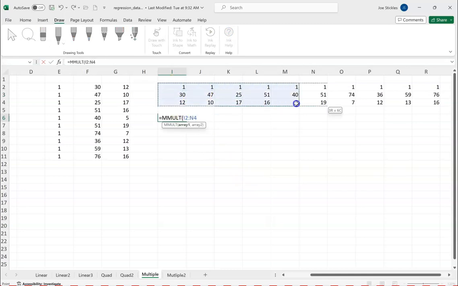Take your transpose, which is this one that we just found, multiply it by the original. Again, before I even hit enter here, what size should this matrix be? 3 by 3, because we have 3 parameters we're trying to find, right? A constant and a coefficient for each of the variables.